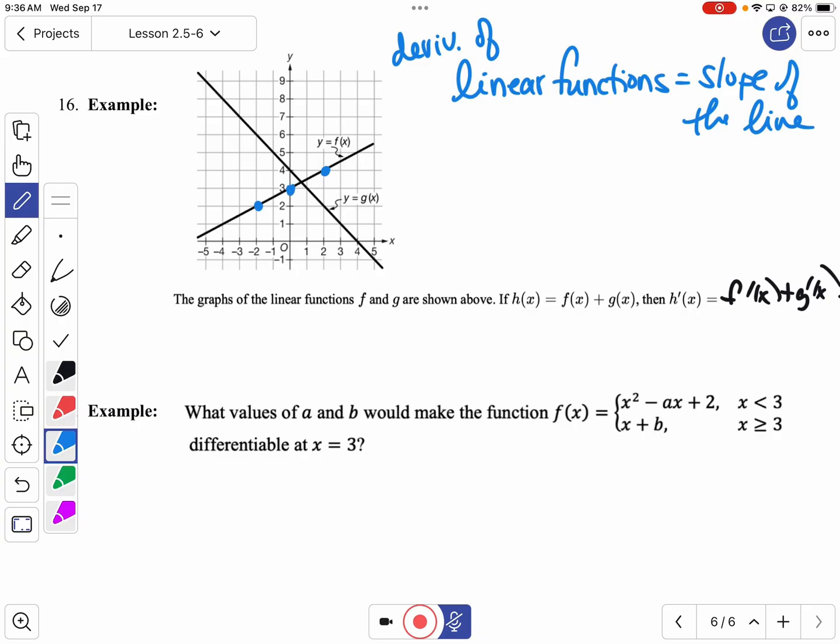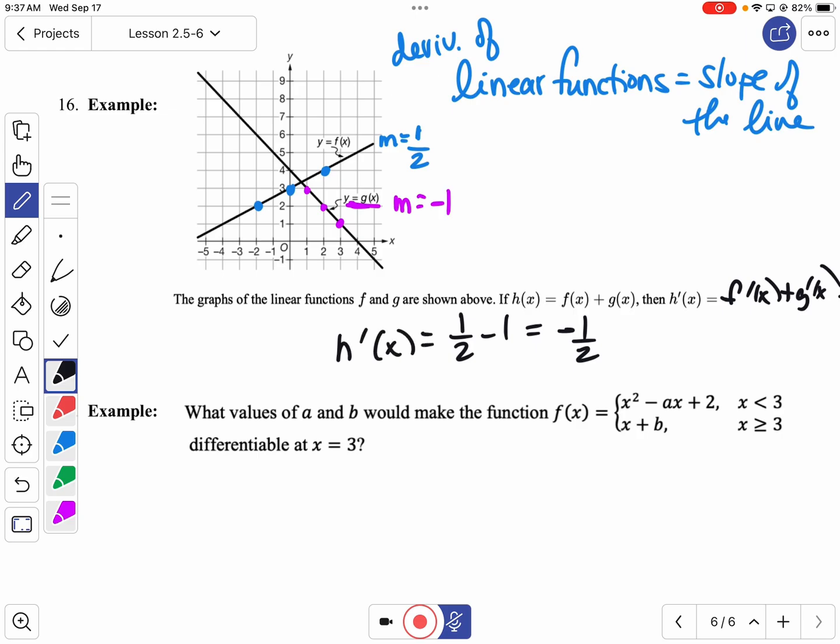What appears to be the slope of f? Yep, 1/2. And then let's find the slope of g. Looks like it's -1 maybe. And so then f prime plus g prime is just going to be 1/2 minus 1, which is -1/2. So we used what we know about linear functions having constant slope.